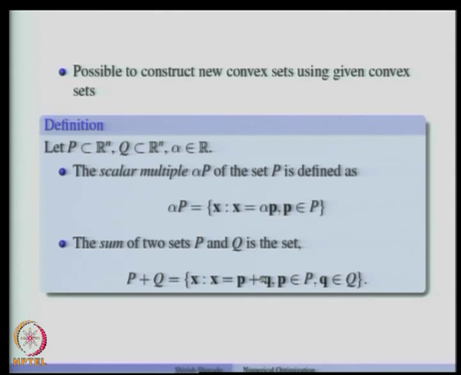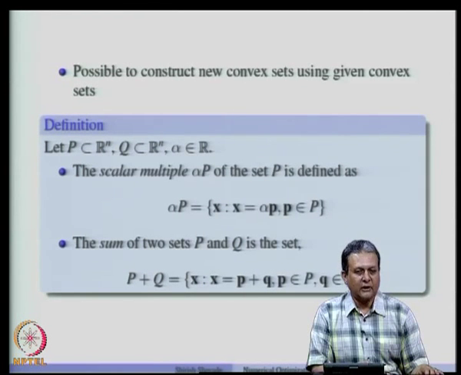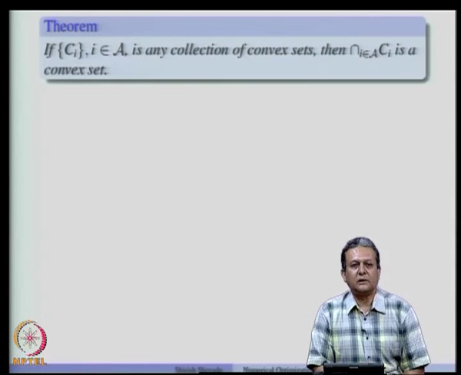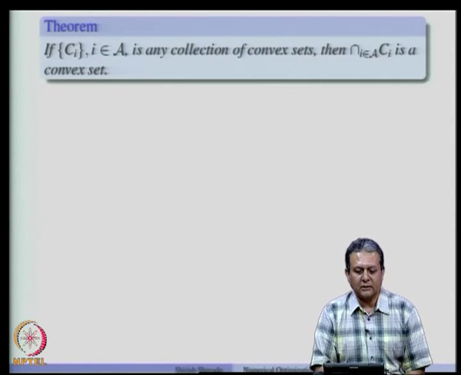So, this is a vector sum of P and Q. We collect all such x's from all possible pairs, where p belongs to the set P and q belongs to the set Q, and that will form the sum of 2 sets P plus Q. Now, with these definitions, we can generate new convex sets from the given convex sets. So, let us look at some results to generate new convex sets.